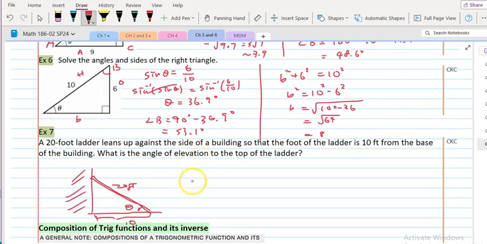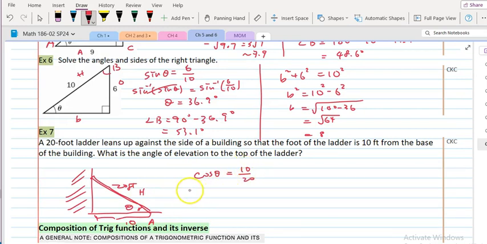Let's look at this. This is hypotenuse. This is adjacent, right? So we use cosine. We would say cosine theta, we don't know what it is, but it is A over H, 10 over 20.